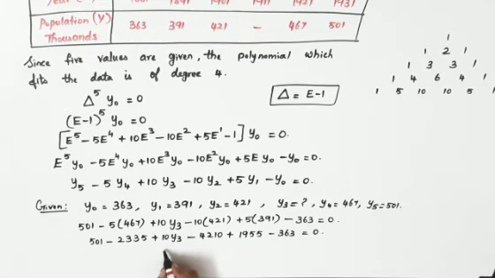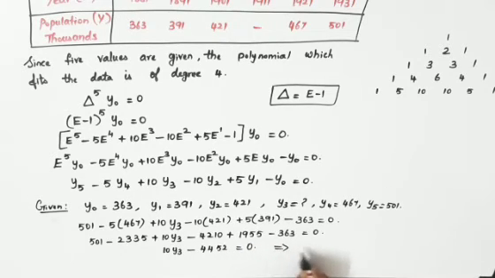So the next step of solving is 10 y3 will be there as it is. Just solve this 501 minus 2335 minus 4210 plus 1955 minus 363. You can use your calculator, you will get your answer as minus 4452 which is equal to 0.